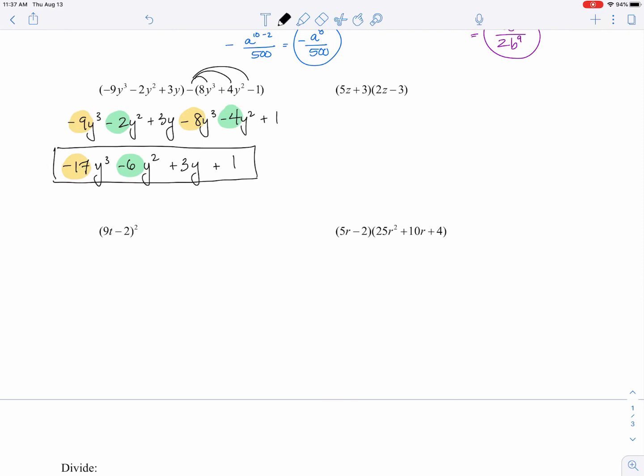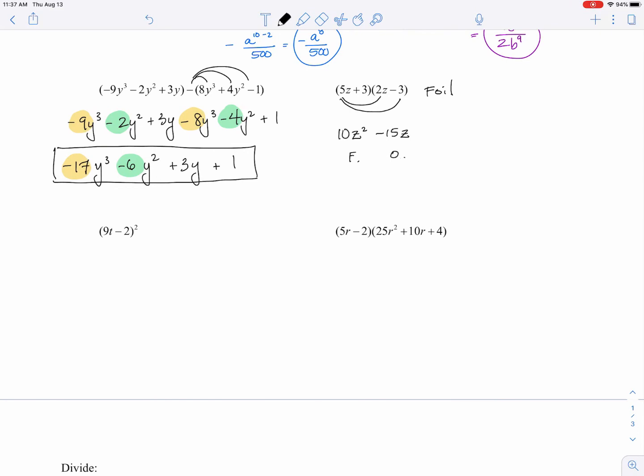In this next example, we're going to simply FOIL. This is going to be the first 2, which is 5 times 2 is 10, and z times z is z squared. That's the F in FOIL, the firsts. Then we have our outers. That's going to be a 5z times negative 3. 5 times negative 3 is negative 15 with a z on there.